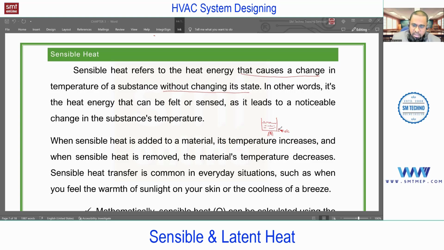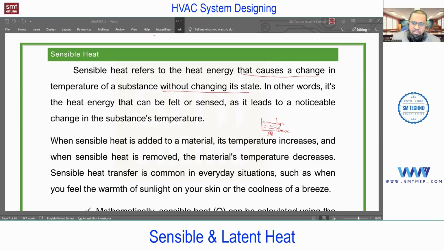So adding heat from 0 degrees to 100 degrees is without changing its phase, right? It's sensible heat. Or the reverse: say this water is at 99 degrees centigrade and I'm extracting heat from 99 to 0 without changing phase. That is sensible, right?